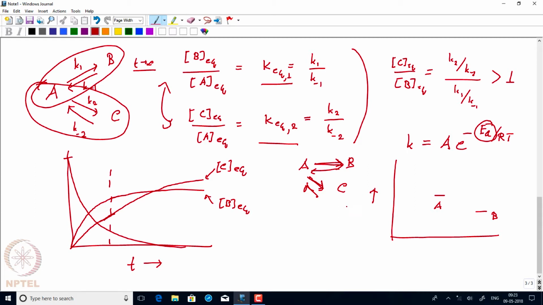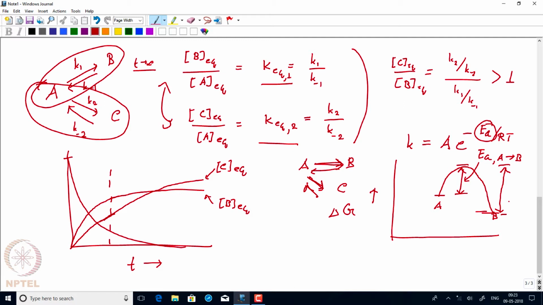By energy we always mean the Gibbs free energy for the reaction, and we say that for A to B there is an activation barrier, in the sense that you have to supply a certain amount of energy for the reaction to happen. This is the activation energy for A to B. Similarly, when B forms, it also has an activation energy, which is the activation energy for the reverse reaction.